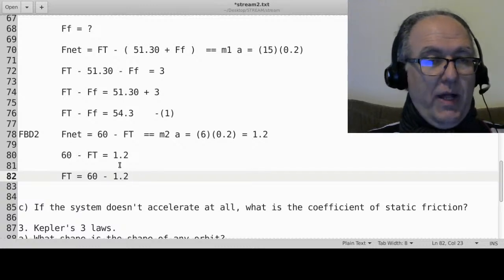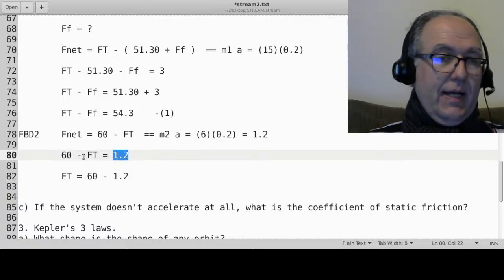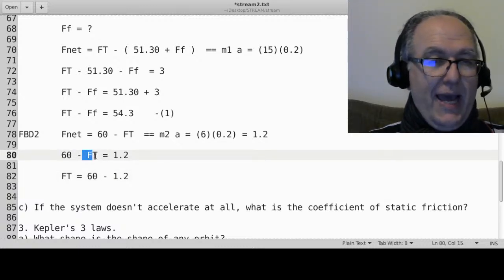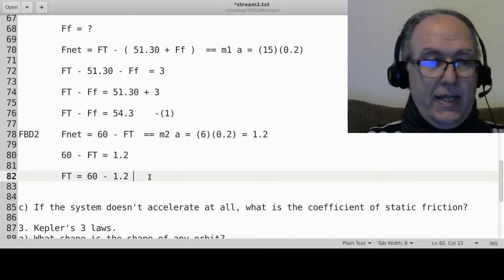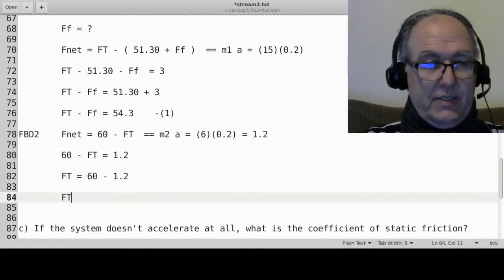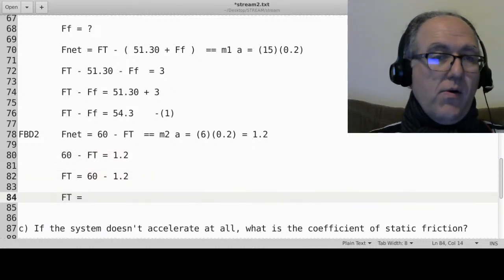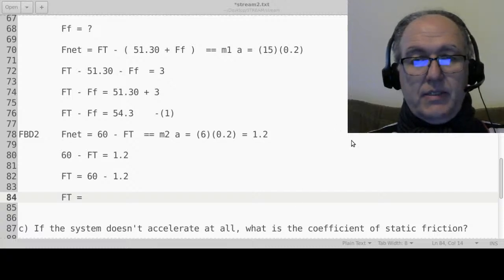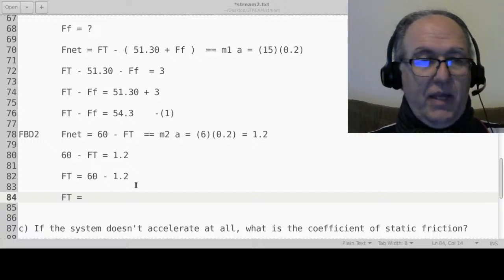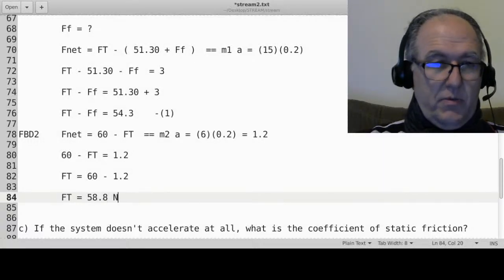What did I do? I subtracted 1.2 from both sides, and I added Ft to both sides. That reduces to Ft equals 60 minus 1.2.